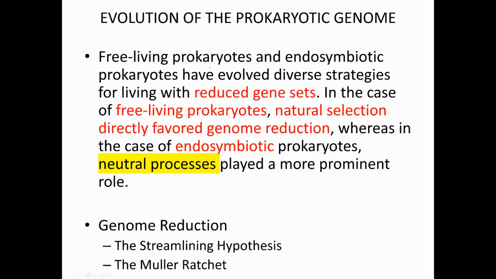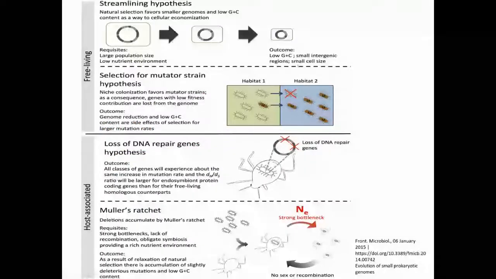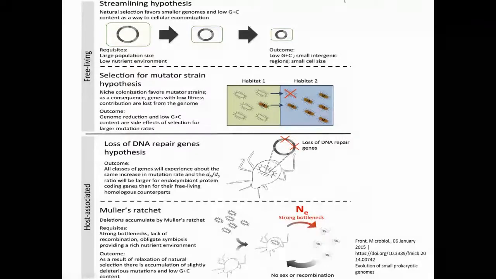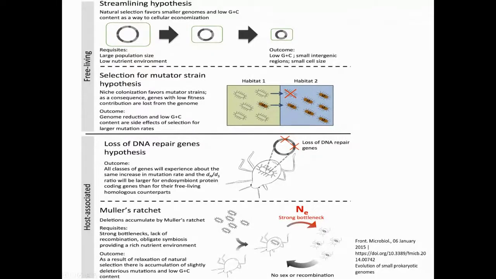So that's Muller's ratchet and the neutral process, and this is the diagram showing the streamlining hypothesis for genome reduction through natural selection, and this is Muller's ratchet for the neutral process.